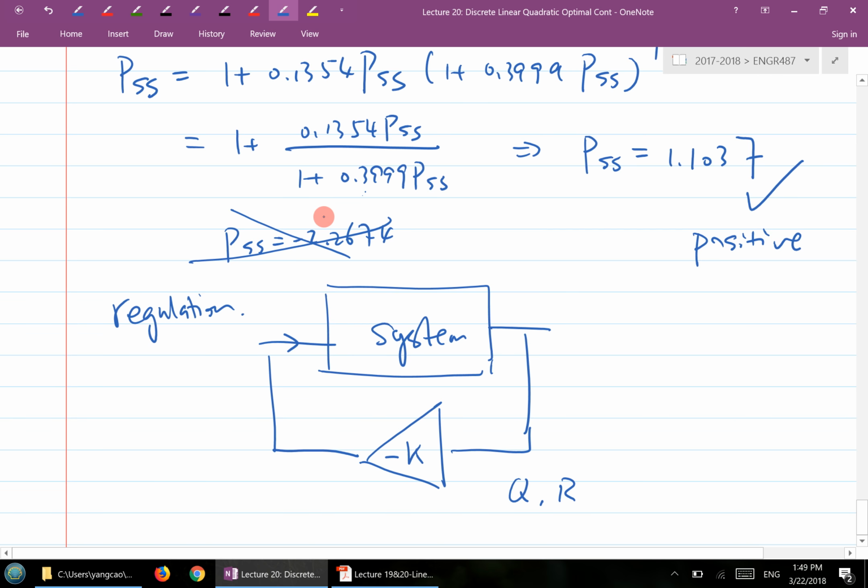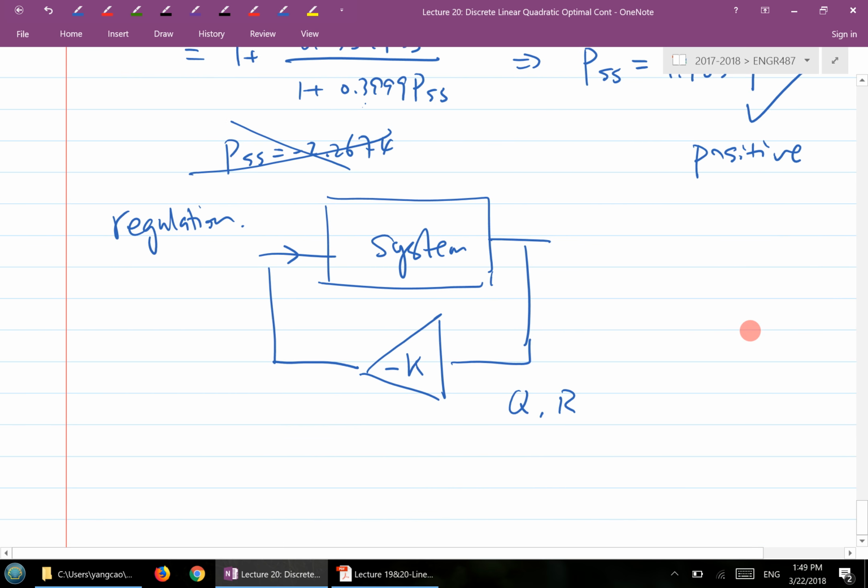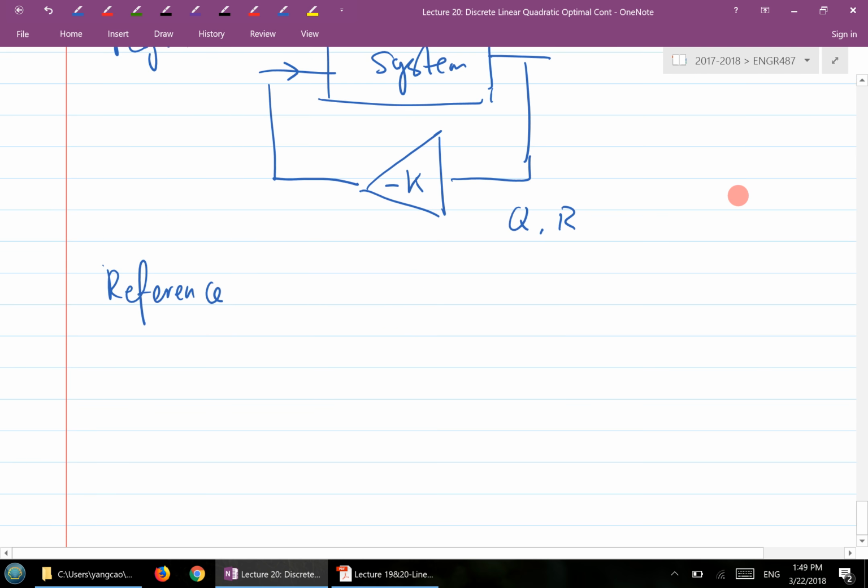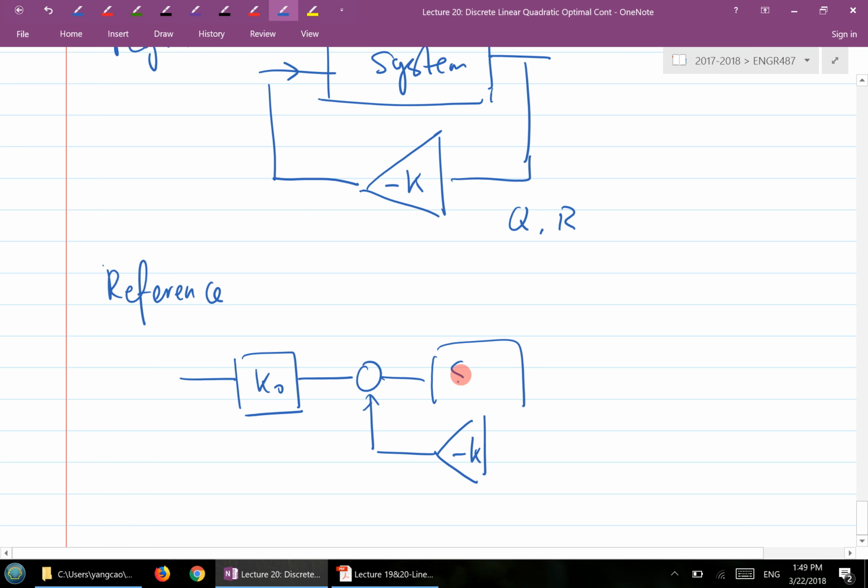Okay. So for this portion, just one last note here. If you're going to design a reference control, the approach I would say is very much like the reference control for the pole placement. Remember what you do? You insert a K naught, and then here is the negative K, and here is the system.